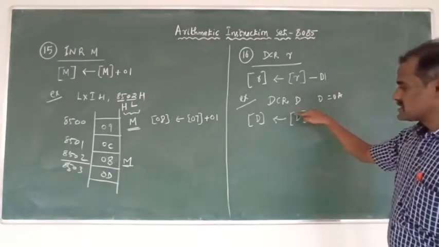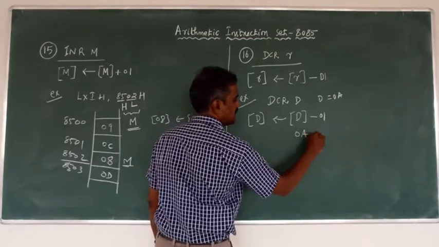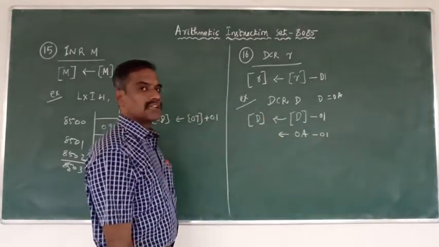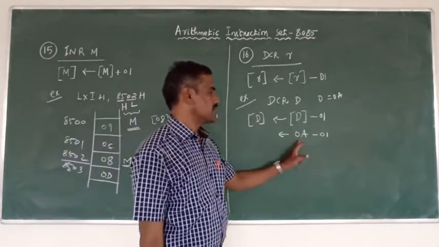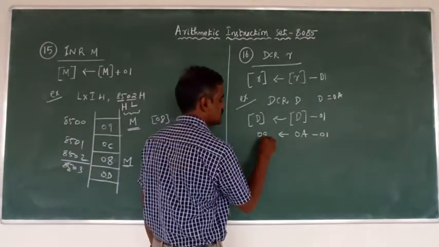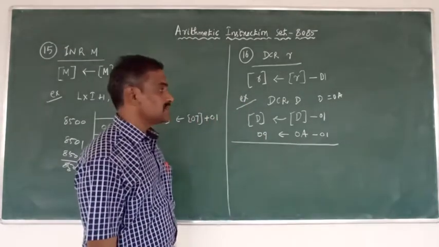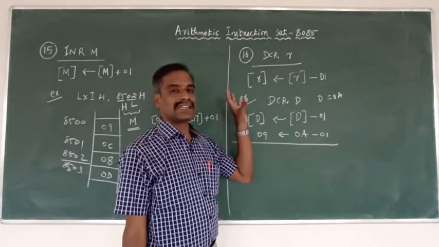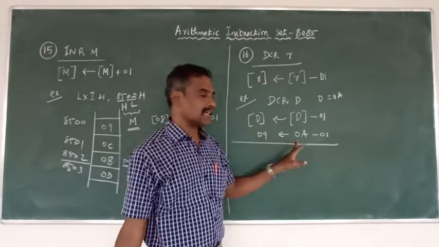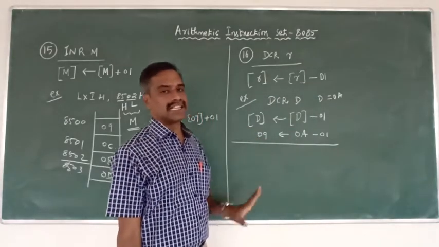After this instruction, D register is 0A minus 01. 0A means the decimal value 10. 10 minus 1 is 9, so the D register will store 09. This decrements the given register content and stores the result in the same register.